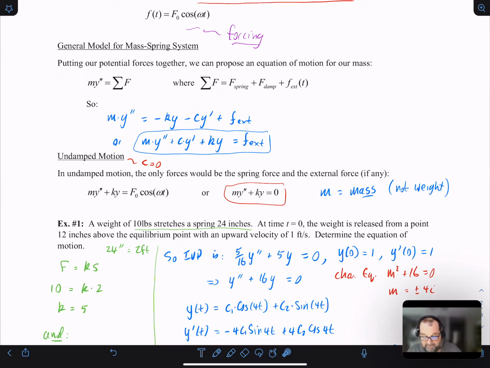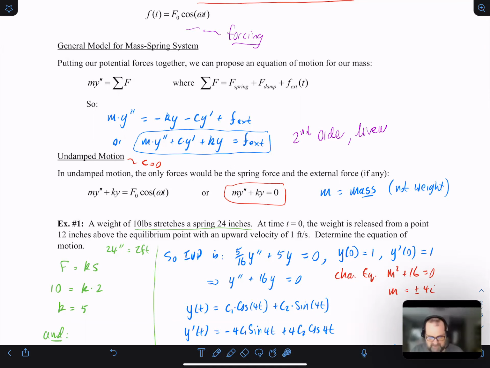Typically for convenience, these are then added to the other side, and we can write it in this fashion. What you can see here is that we have a second order linear equation. This is what we have been learning how to solve. So that is our situation.